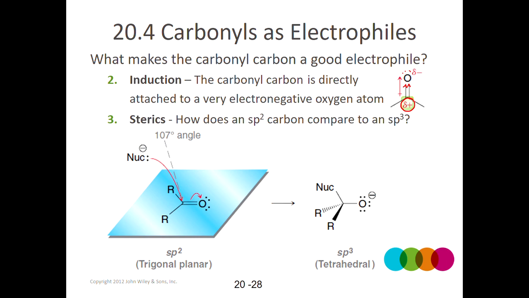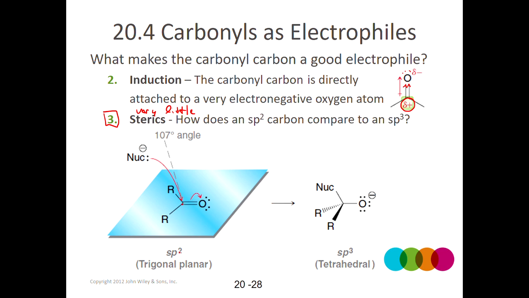So there's a lot of partial positive at this site that makes it electrophilic, both because of the resonance and the induction. And there's a third feature that these carbonyl compounds have that makes them electrophilic, and that is there's very little sterics around them.